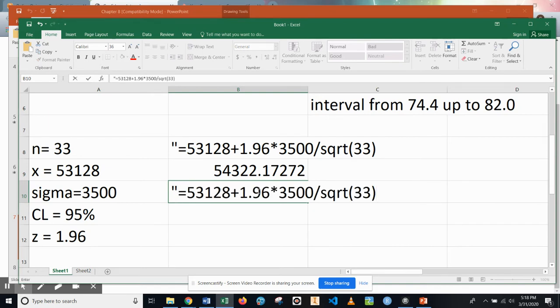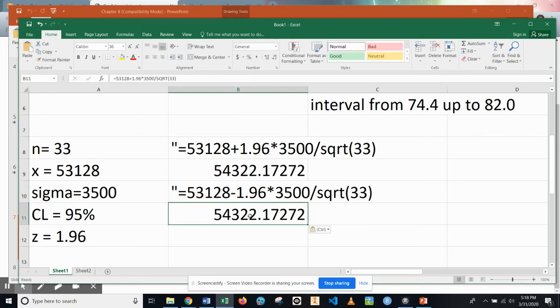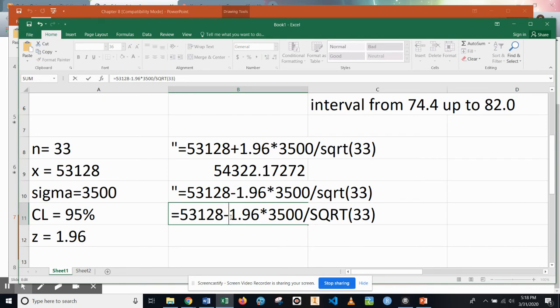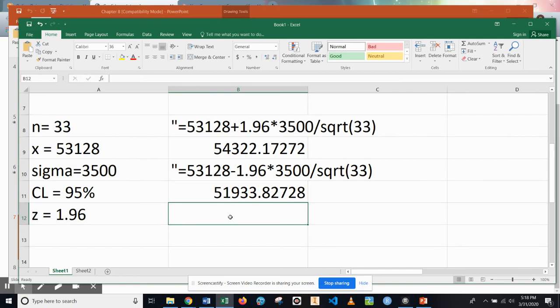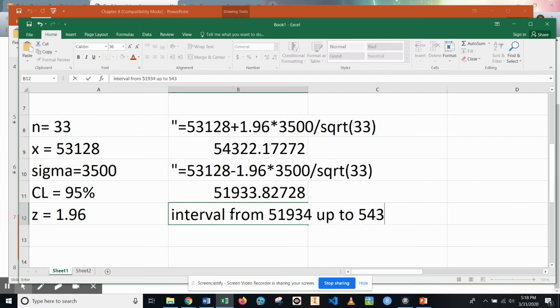Then I'm going to change that to minus, to give me my lower one. So now I have an interval from 51,934 up to 54,322.